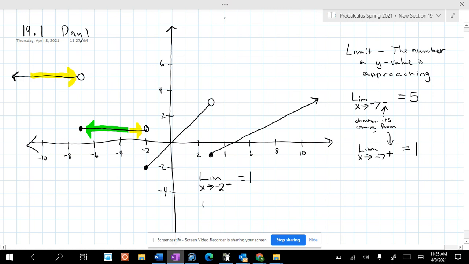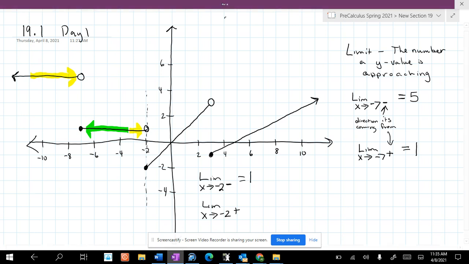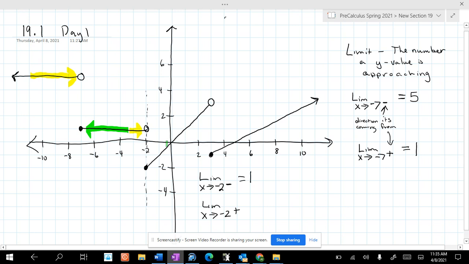And the limit as x approaches -2 from the right. An x value of -2 is all along here, right? So if we're coming from the left, we're up here, but if we're coming from the right, we're down here. Going towards -2 from the right, we go down there.